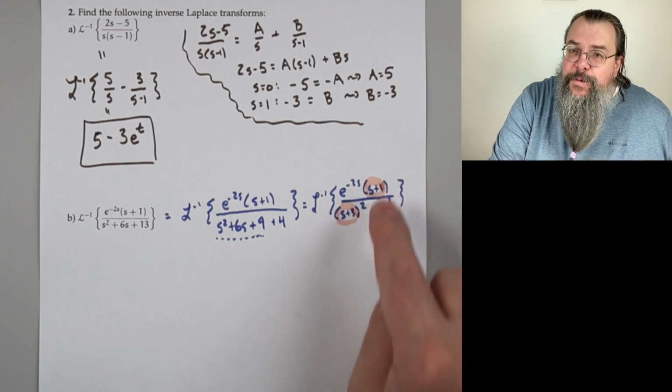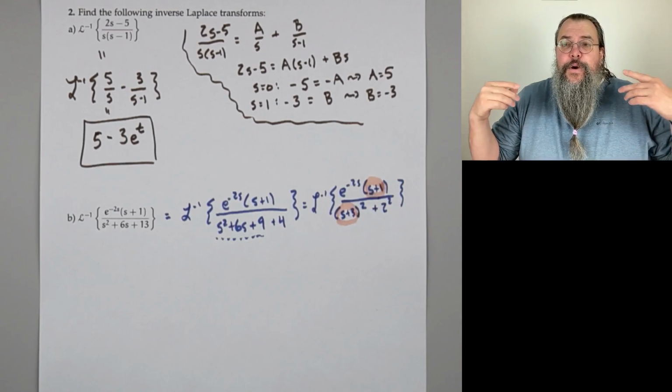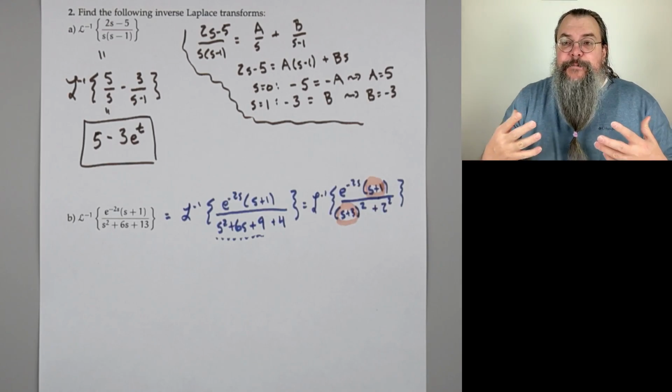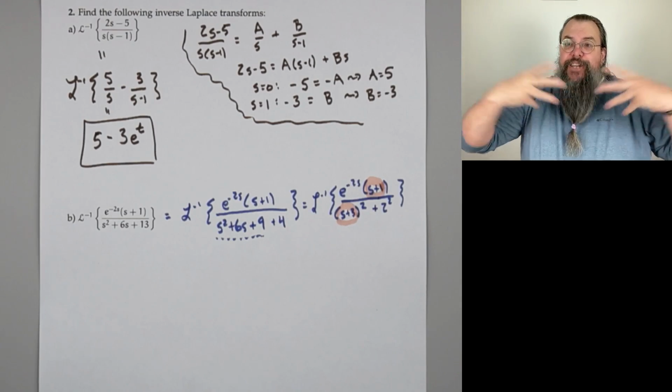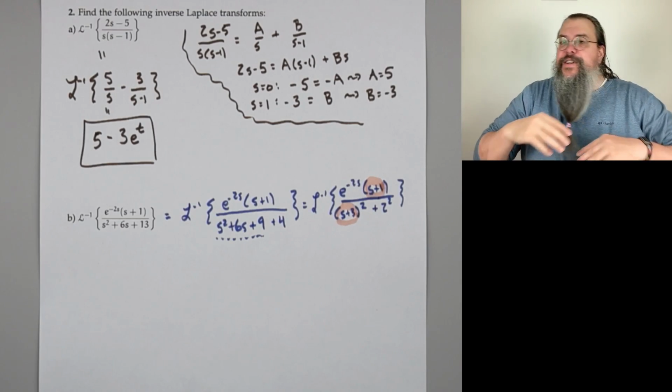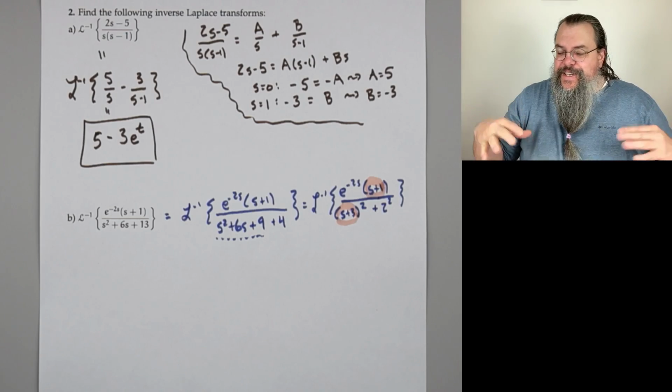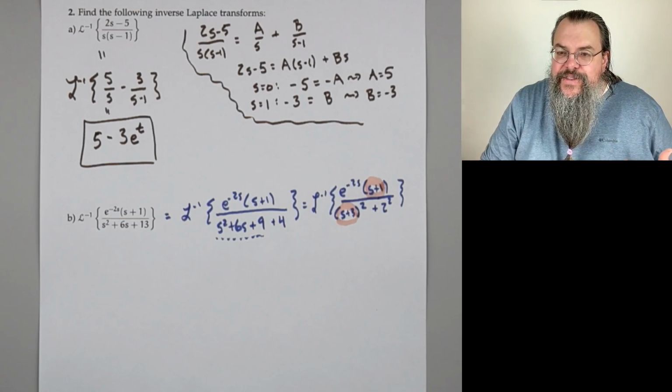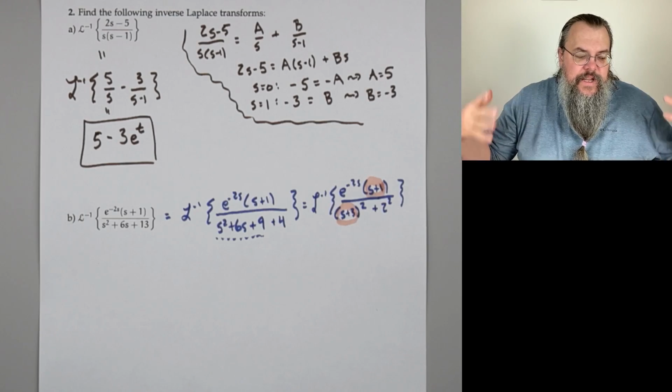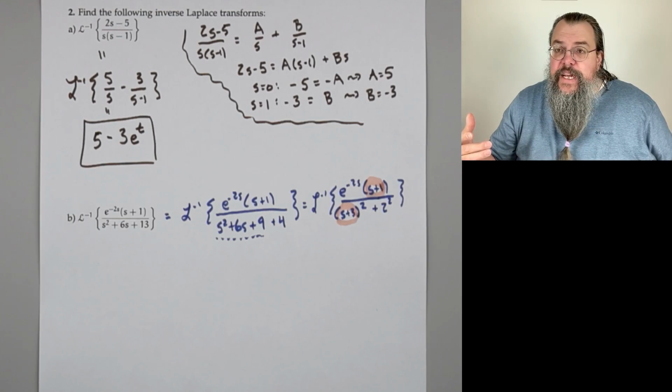We always want to work with the upstairs part, because upstairs we have an extra feature, which is that we can break addition upstairs. Downstairs, no hope to break addition. That's why we have partial fractions. So we ask, what can I do to the upstairs part to help break it apart?